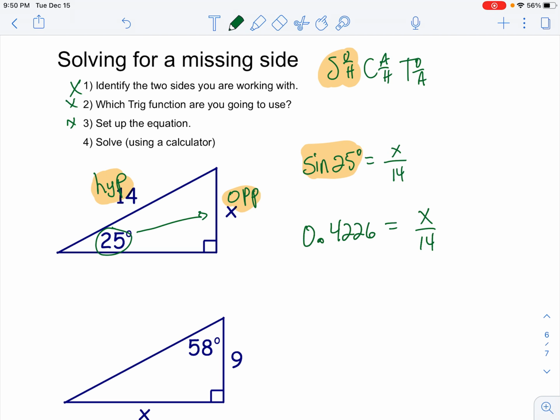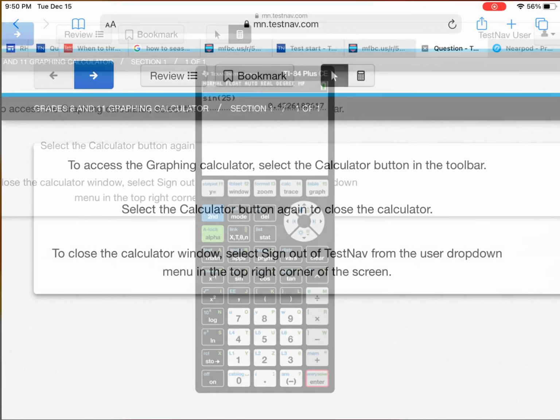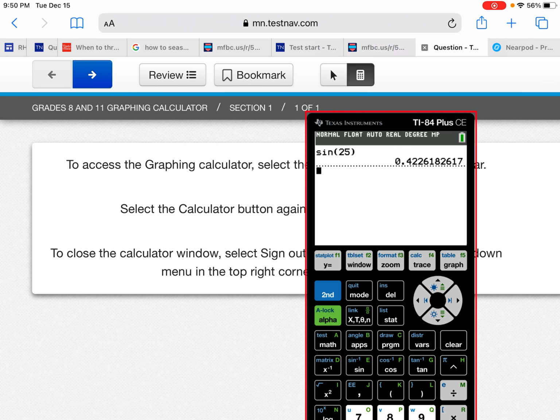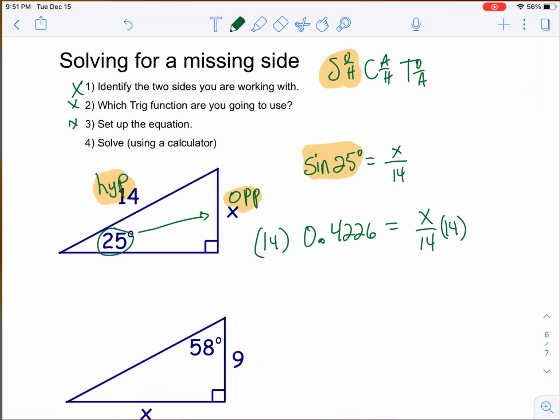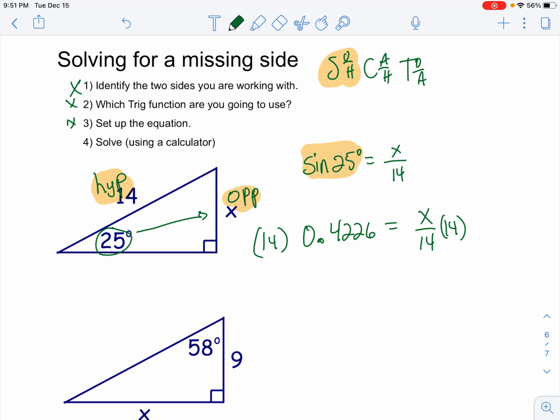And then if I want to solve for x, we cancel out dividing by 14 by multiplying by 14. So back to my calculator, I'm going to take that and multiply by 14, and we get 5.92 approximately. So in this case, x is approximately 5.92.